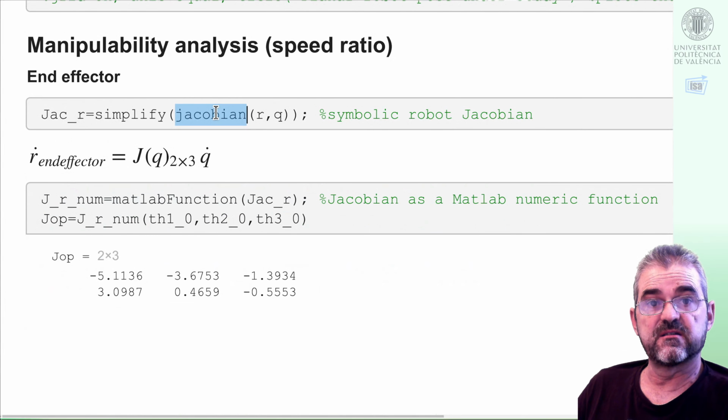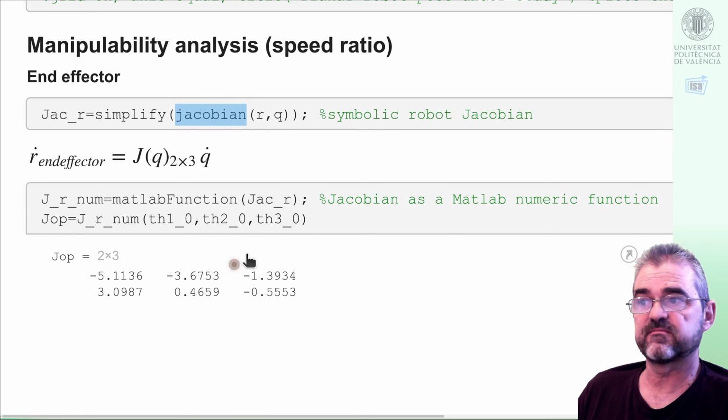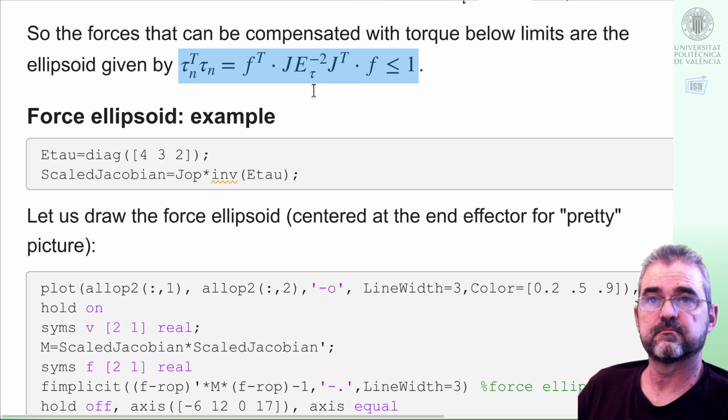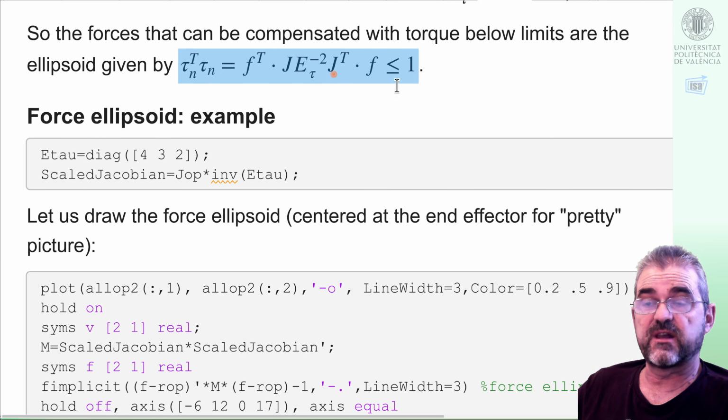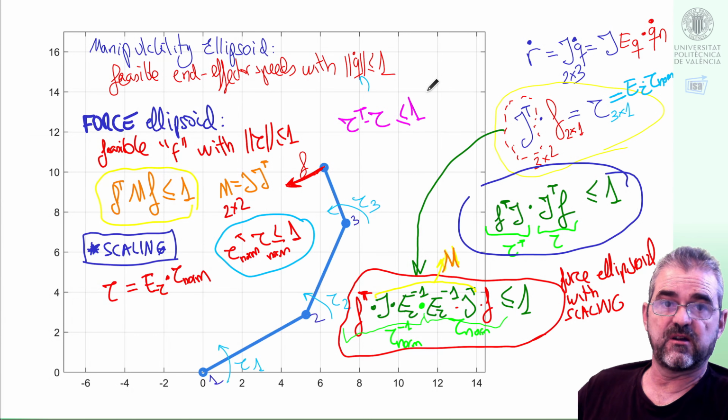The Jacobian will be a horrible matrix full of sines and cosines, whatever, but when replacing the angles by the pose we are studying, I get this numerical Jacobian. This is the inequality we just justified in our theoretical discussion.